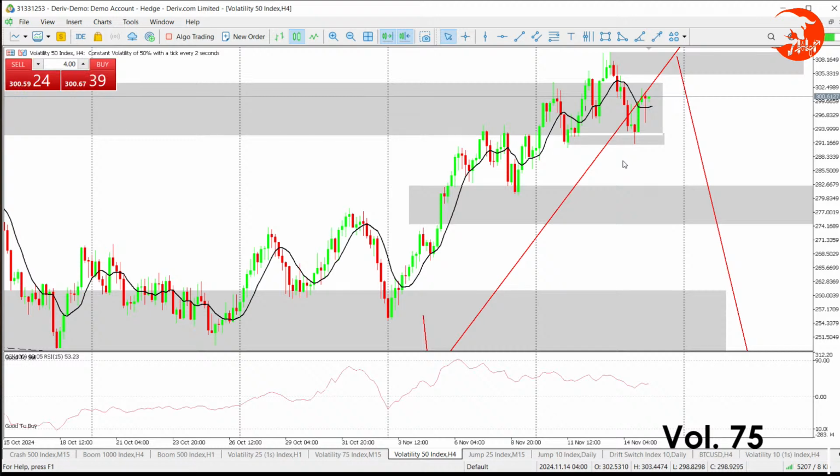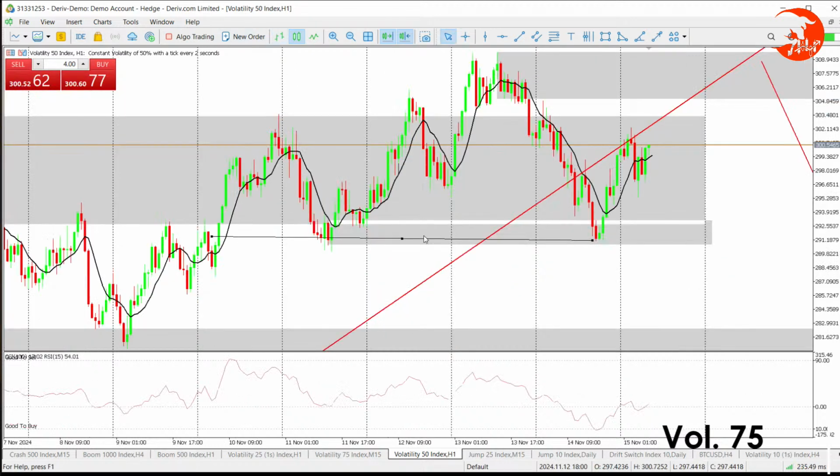Our main structure should be buys, as we've been looking at it there. Break of structure, break of structure, break of structure. But according to this level here, we saw a change of character that later was resisted by this order block on H1 there.